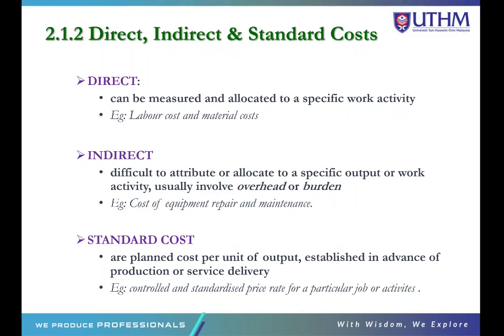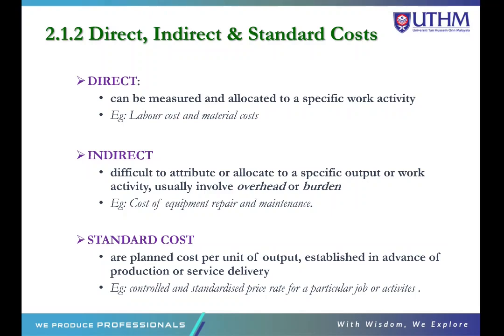But indirect costs are quite difficult to attribute or allocate to a specific output or work activity, and they usually involve overhead or burden. Just like I mentioned before, I already explained what overhead means. The example here is the cost of equipment repair and maintenance.